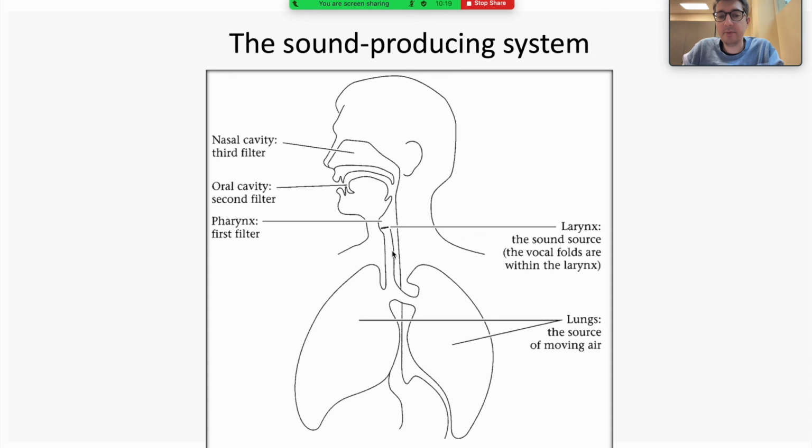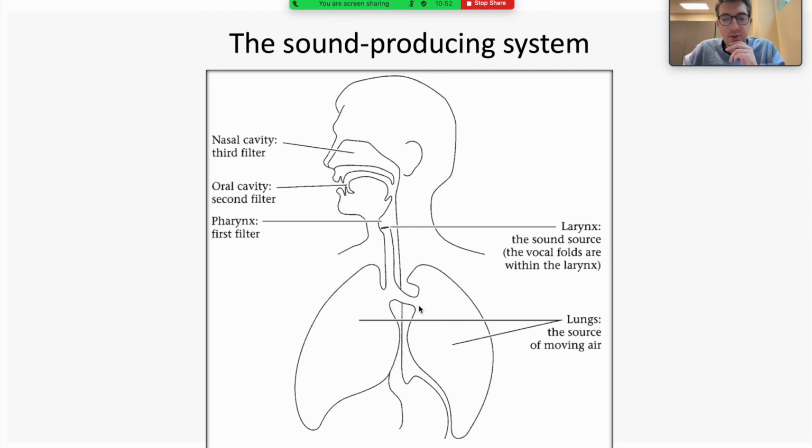It goes up into the larynx, which is this part here at the throat. Pharynx is above the larynx, and above the pharynx we have the oral cavity and nasal cavity, which basically mean the nasal hole and the oral hole, where air can go through.